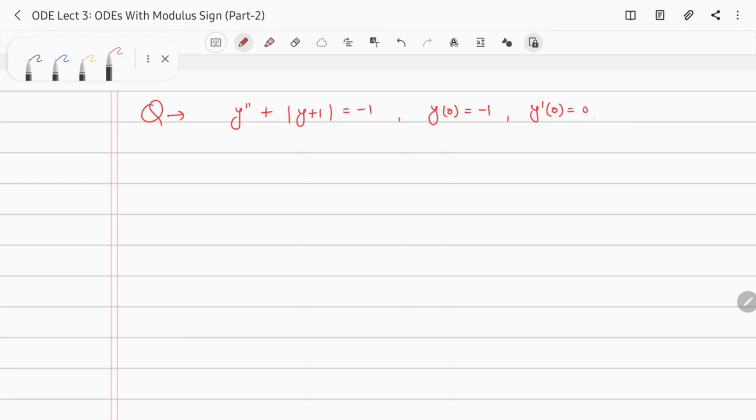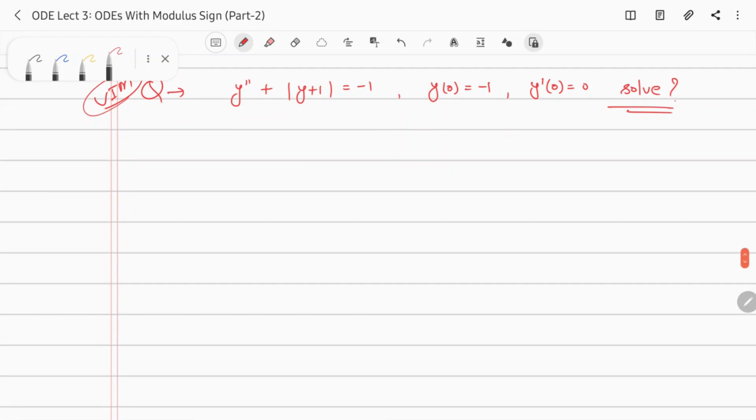These are the initial conditions and we need to solve this, right? So this is again a very important question. This has not been asked in any exam, so this is important, right? So now let us do it.